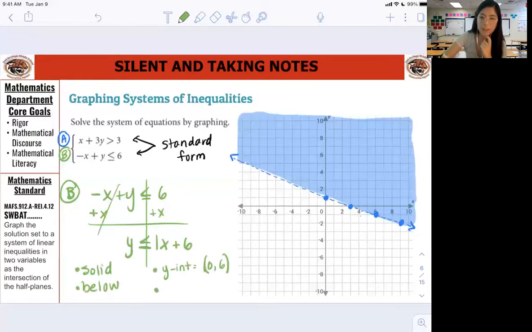And last but not least, the slope is 1. When the slope is 1, it's the easiest thing ever because 1 is the same as 1 over 1. So it's like a small little staircase. I'm just going up 1 and then 1 to the right.